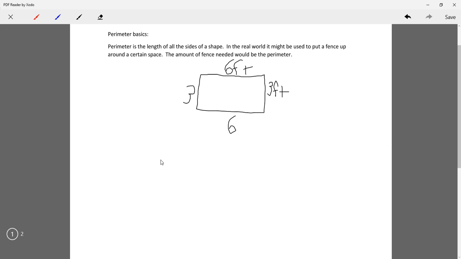Now, if I say a rectangle has a length of 6 and a width of 3, what would the perimeter be?